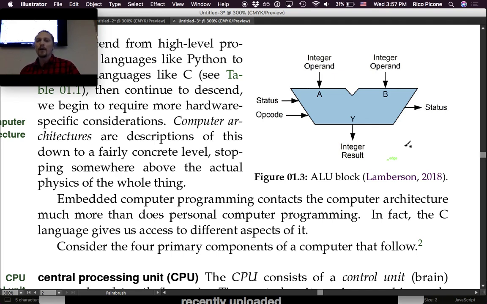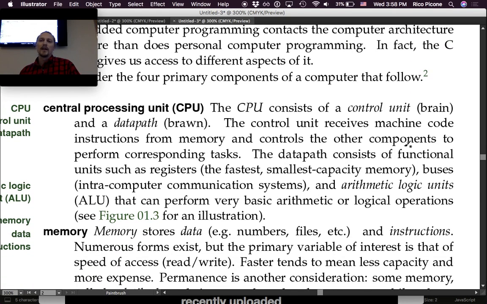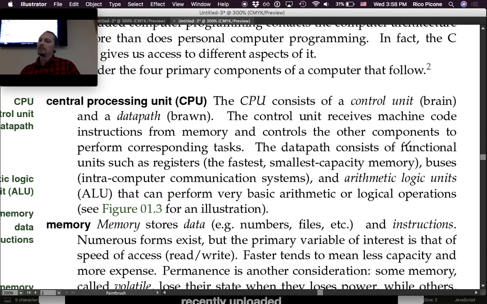Consider the 4 primary components of a computer that follow. These are the classic 4 primary components of a computer. The central processing unit is the first. The CPU consists of a control unit, which can be thought of as the brain, and a data path, which can be considered the brawn.